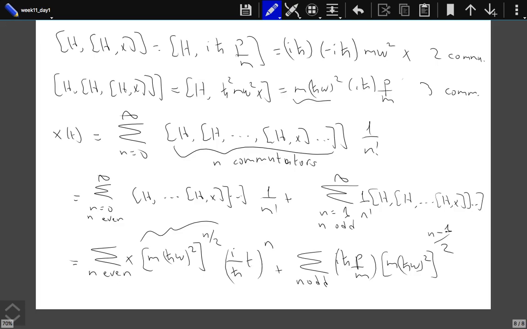Now, n is an odd number, and n minus 1 is an even number. N minus 1 over 2 is an integer. So that power is an integer. If n is 1, that is 0. If n is 3, that is 1, so I have 1 factor of m times h bar omega squared. And then I also have i over h bar t to the power n.